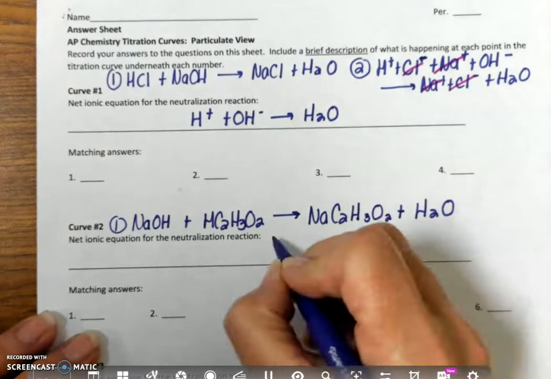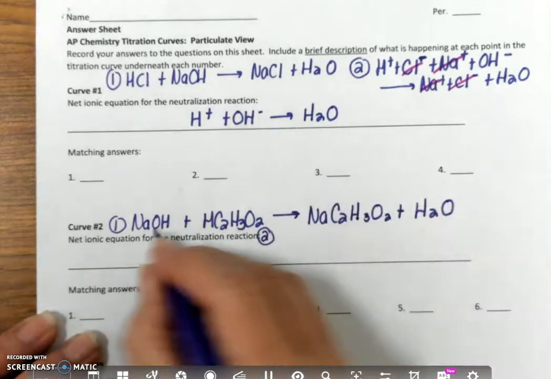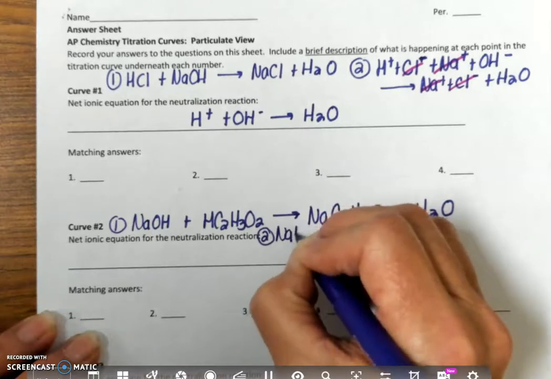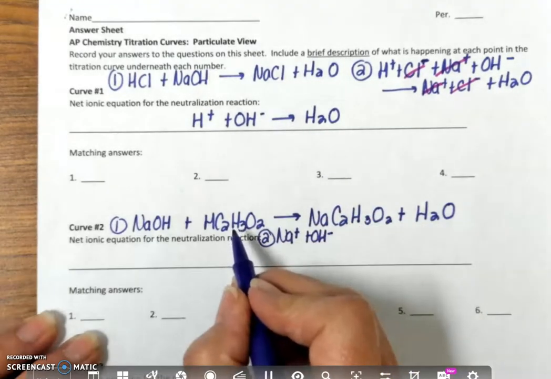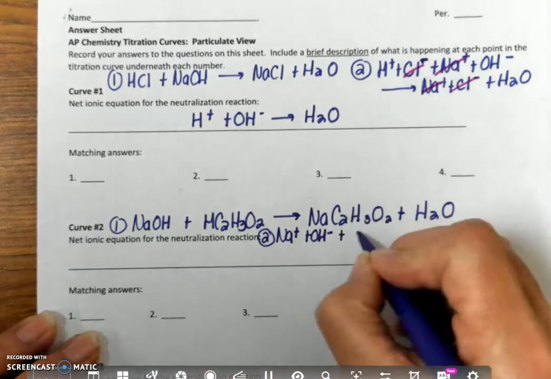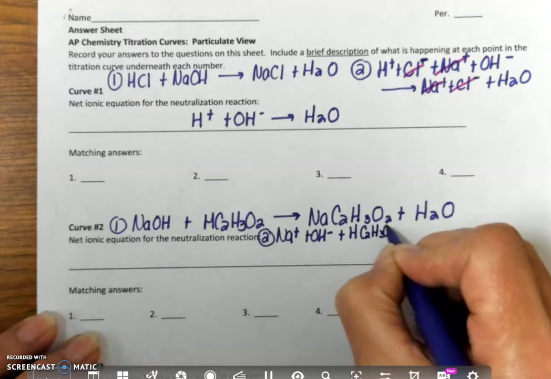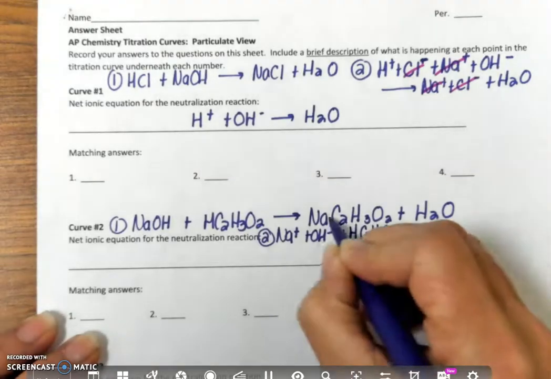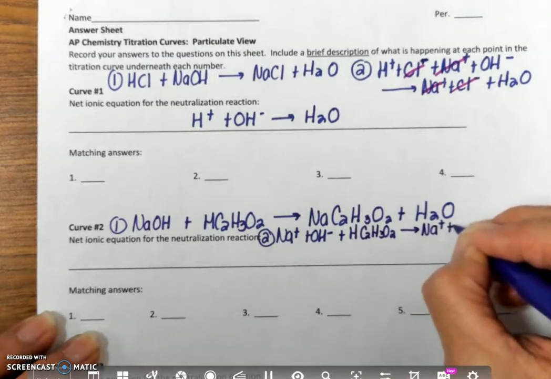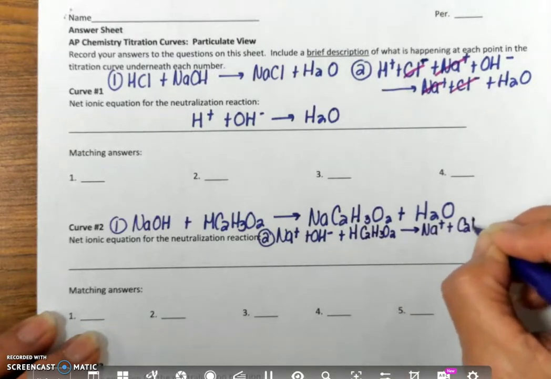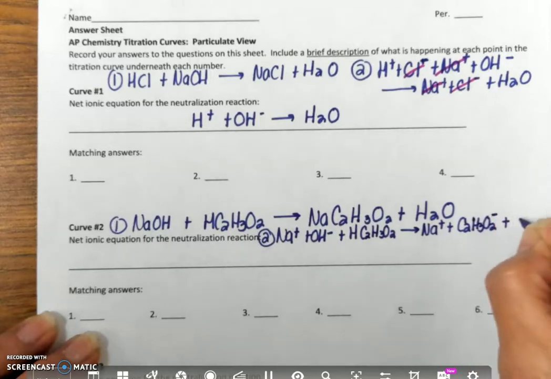Right? Let's write out the net ionic. That dissolves in water, so I get Na plus and OH minus because it's a strong base. This does not, however, does it? This is a weak acid. So it really doesn't dissolve in water. Goes to, that's a sodium salt, so that dissolves, right? Because that's a NAP. And water.